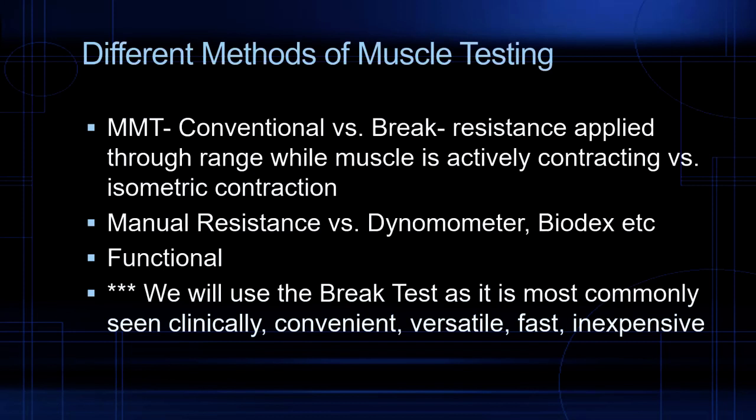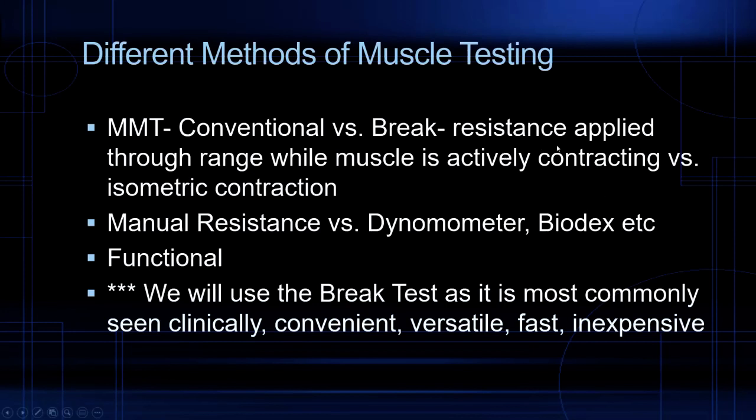If you look in Clarkson on page 40, there's a chart that lists the grading scale. In the middle of the chart, it says if testing through range, don't worry about that. We're always testing muscle isometrically, okay?